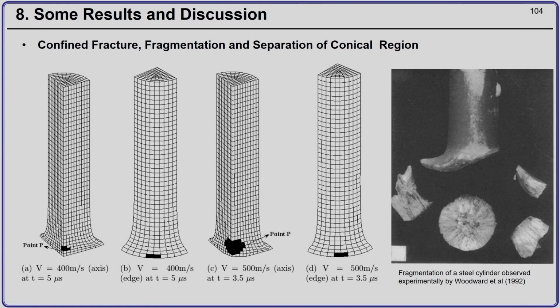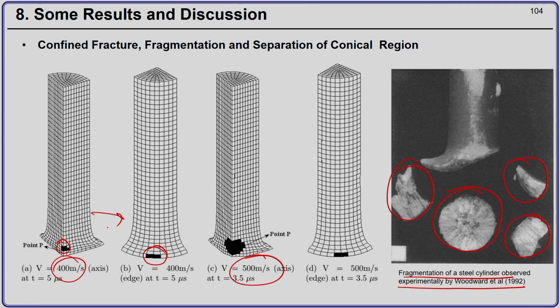And for higher impact velocities, say 400 or 500 meters per second, experimentally people have observed that you have fragmentation. Okay. So, you have some small parts at the outside surface which come out, and at the middle there is a huge chunk of material that comes out. Okay. So, here also for lower impact velocities, you can see at the center there is some damage, and also at the outer surface there is some damage. Okay.